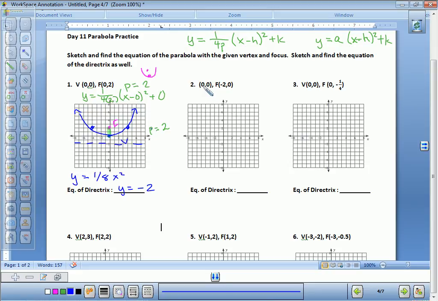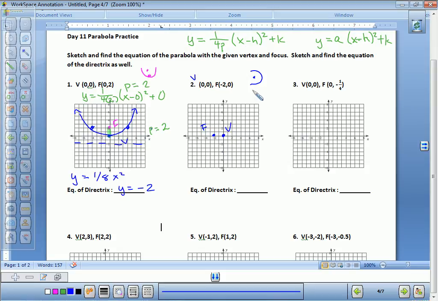So, number 2. This is the vertex. I left off the V. It's at 0, 0 again. This time the focus is at -2, 0. So this is my focus. This is my vertex. I know it has to go left because the focus is always inside the parabola. Does that mean it's going to start with X instead of Y?